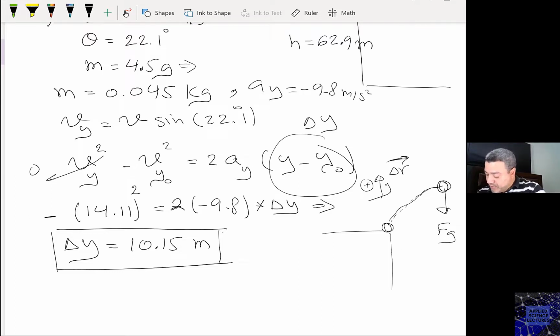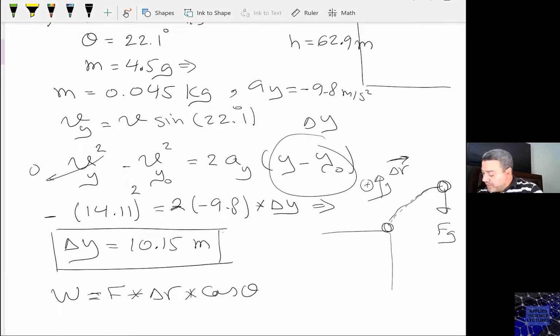Right? So now if I want to write the work, it would be F times delta r magnitude, cosine theta.